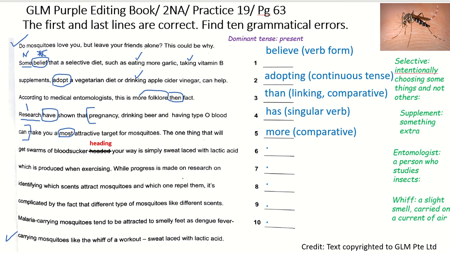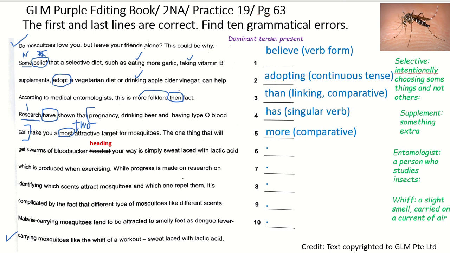Okay, and another one is another comparative state. If you are not pregnant, if you do not drink beer, if you do not have type O blood, you will not be attractive to the mosquitoes. So there are these two things that are being compared here. Okay, there are two things that are being compared here.